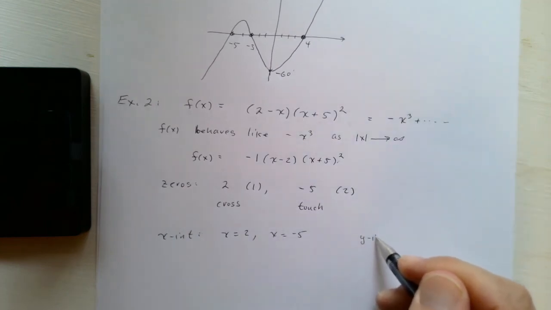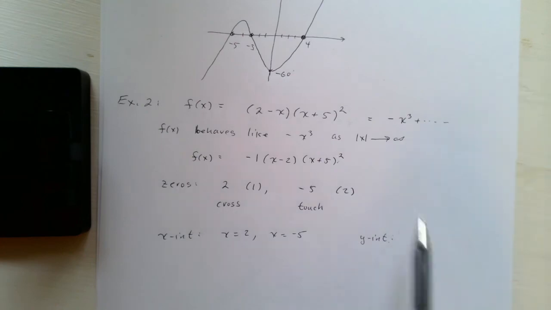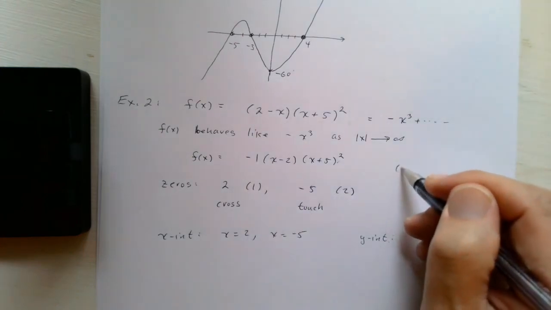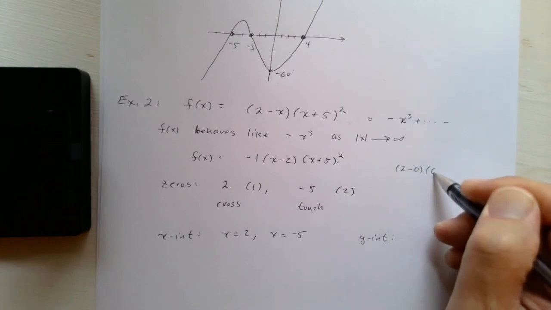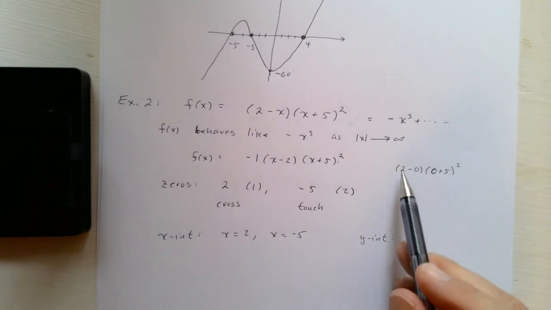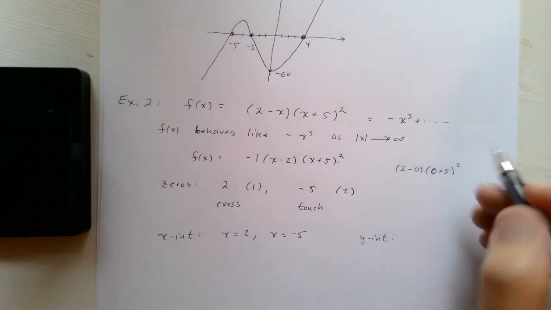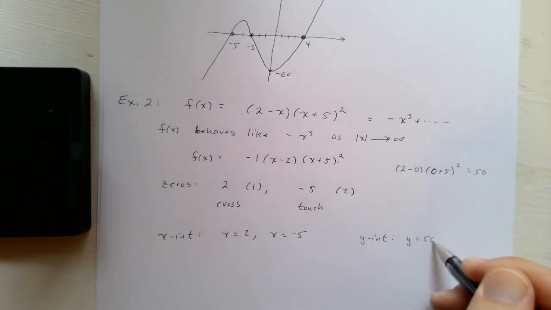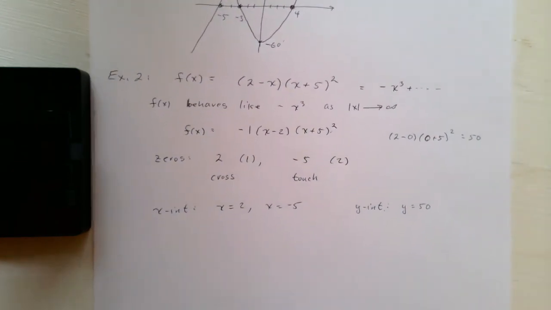The y-intercept, well, if we plug in x equals 0, we get 2 minus 0 times 0 plus 5 squared. This is going to be 2 times 25, which is 50. So the y-intercept will be at 50.